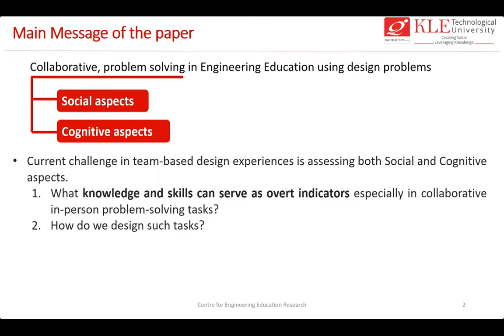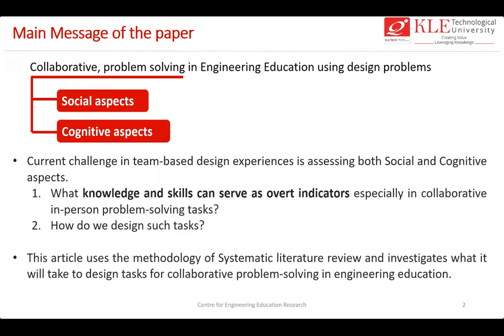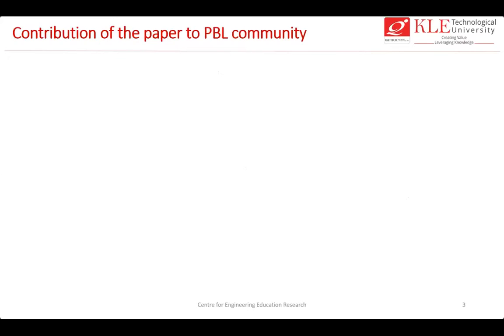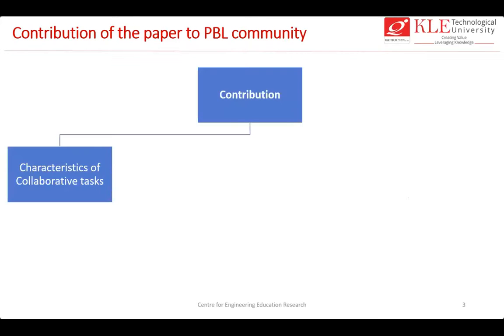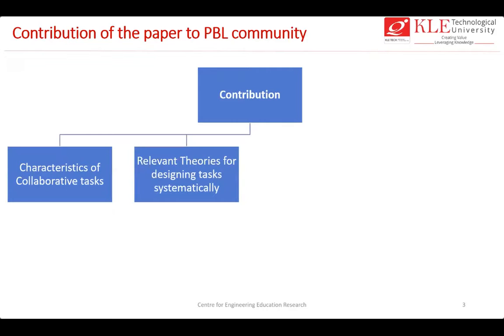Our study uses the methodological recommendations of systematic literature review to identify what has been done previously to address these challenges. This study summarizes that to design learning experiences for collaborative problem solving in engineering education, we need to understand the characteristics of collaborative tasks and apply them to create tasks in engineering education.